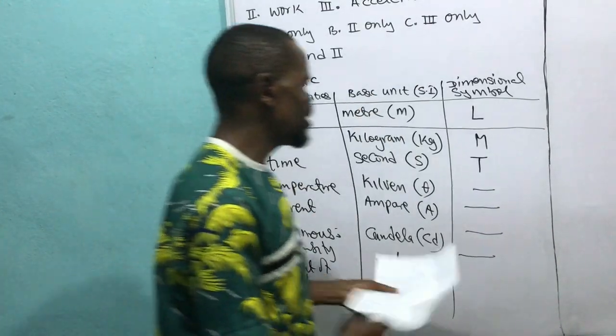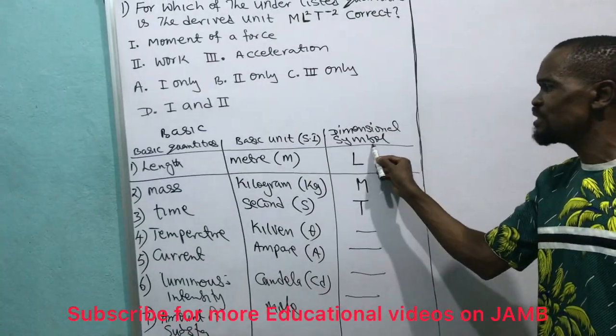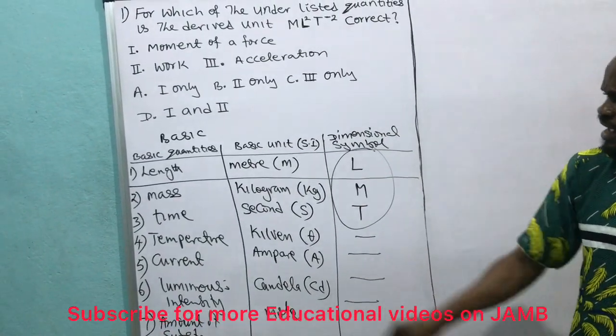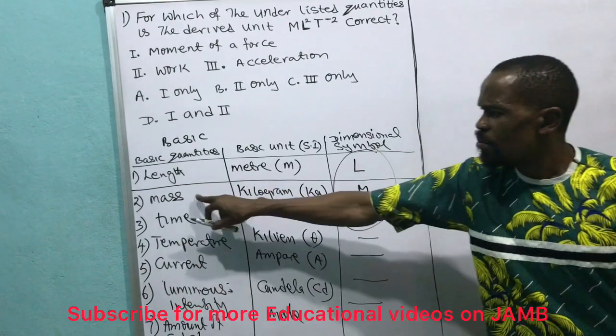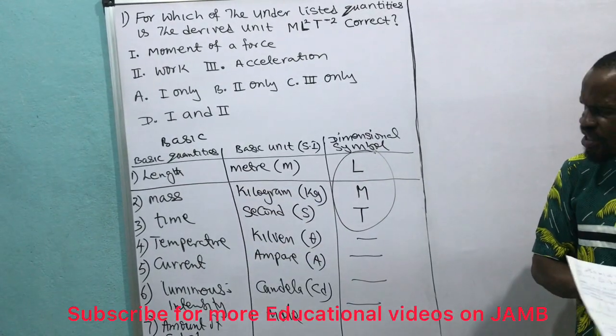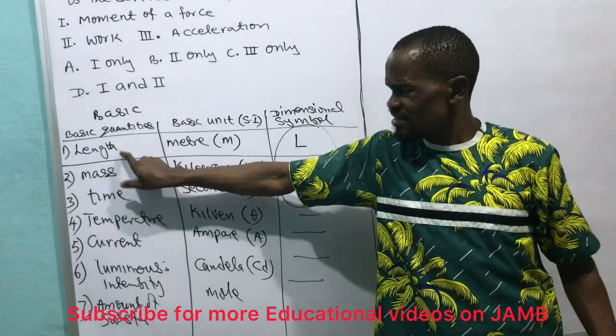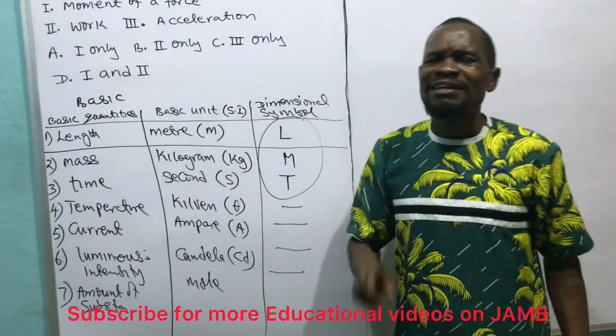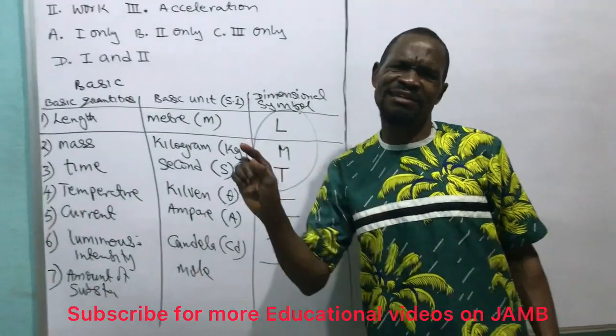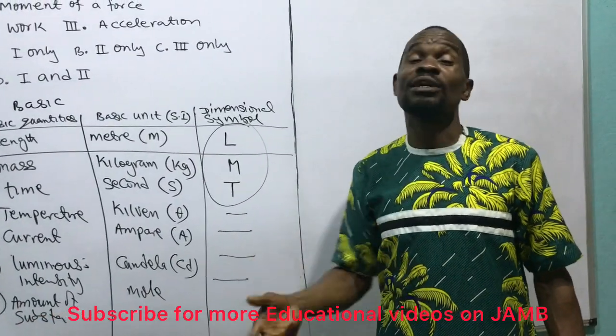But the major ones we are going to keep in mind today are these three: length, mass, and time. Remember, length is the same thing as distance. When I talk about distance, I'm talking about length.